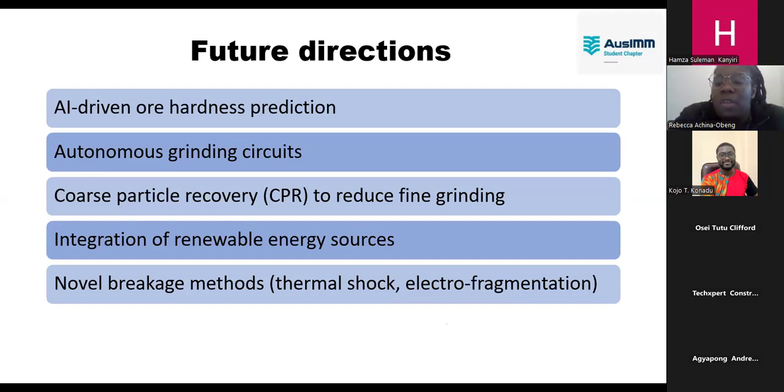If the particle sizes are coarse, it wouldn't reduce recovery or have any adverse effects. So this reduces the demands on fine grinding, cutting energy consumption significantly and improving overall circuit throughput.